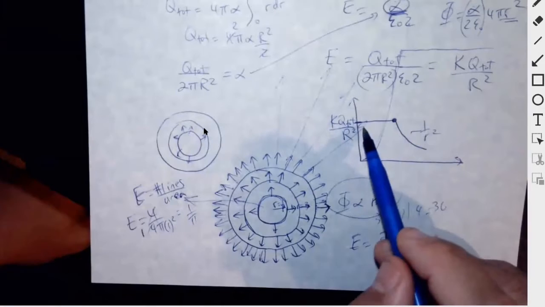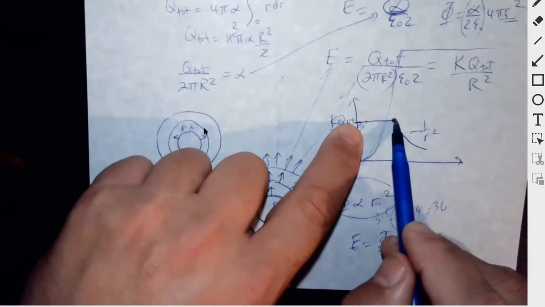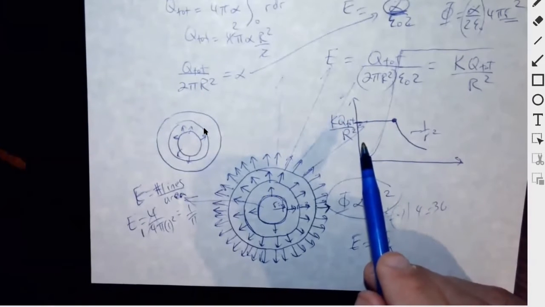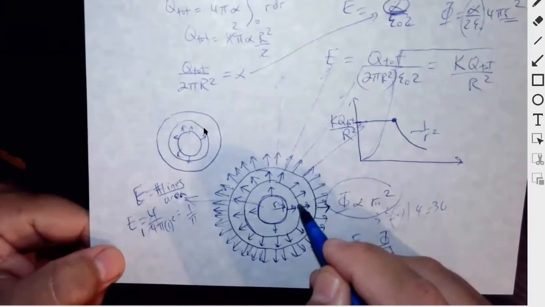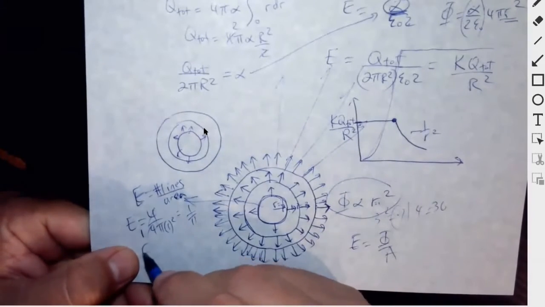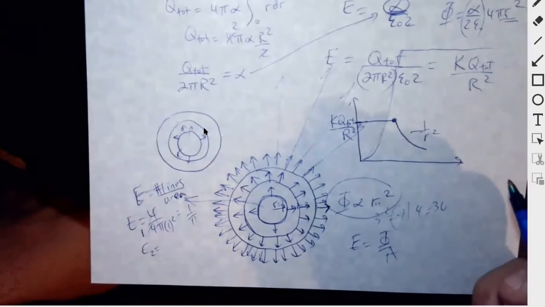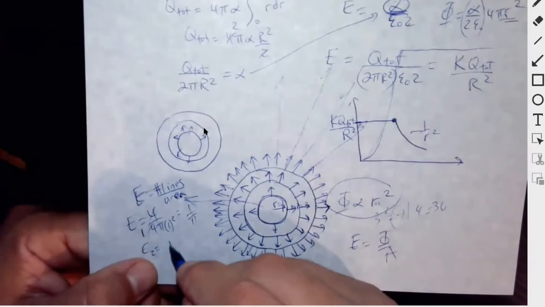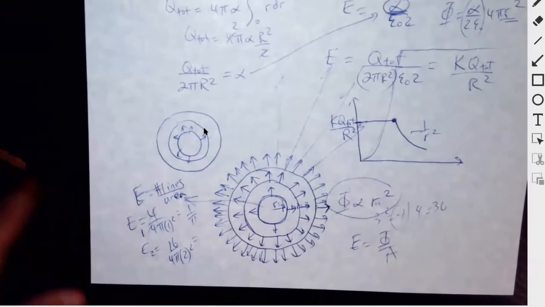Now, to say that the electrical field was constant in this scenario is to say that the concentration of the field lines didn't change, you see? So what should be the electrical field at 2? How many lines did I have? It was 16 that I drew, divided by 4 pi 2 squared. What is that?